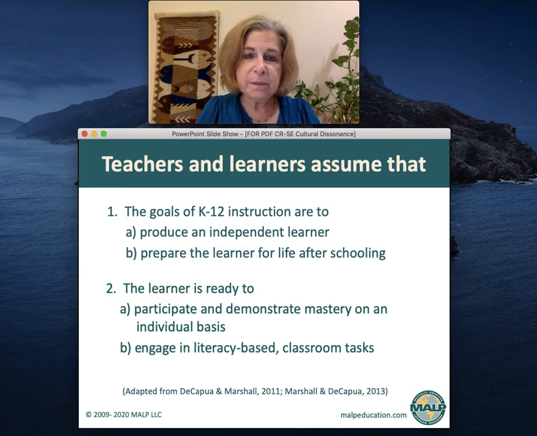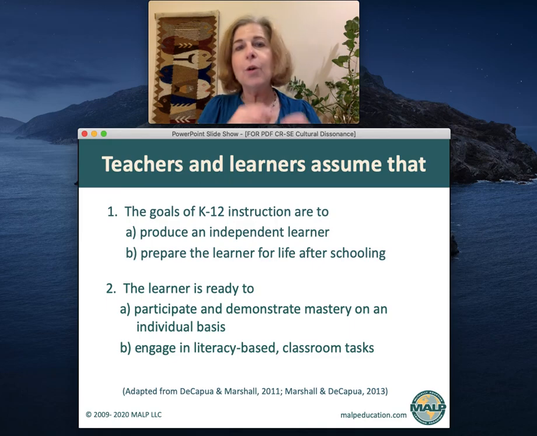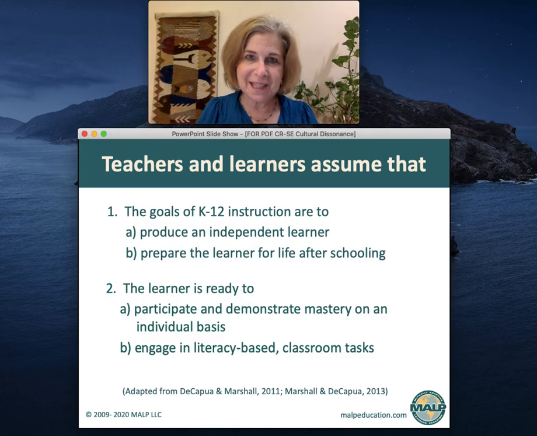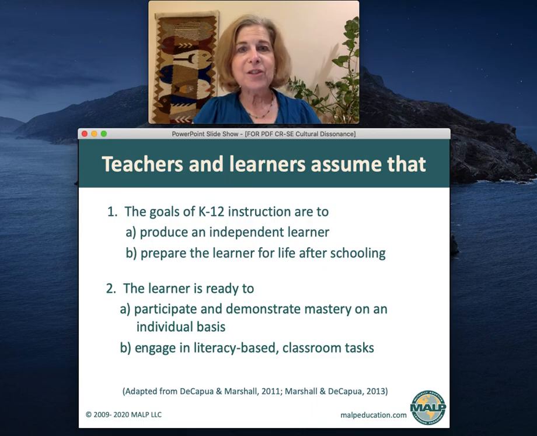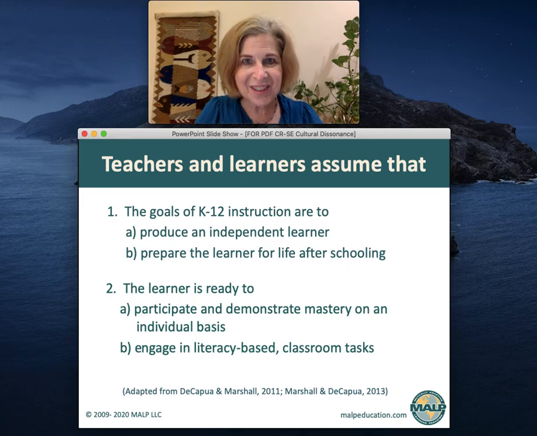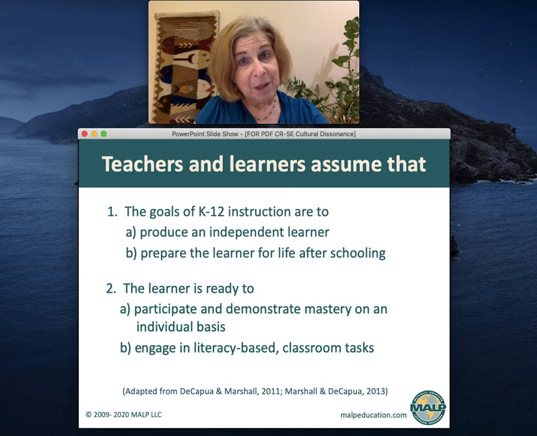And the last one, engage in literacy-based classroom tasks. So the literacy-based, orality versus literacy. They much prefer orality. And classroom tasks, that's what we're talking about with the decontextualized tasks, and underlying them are the academic ways of thinking.